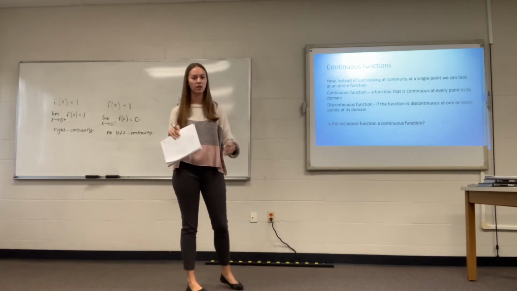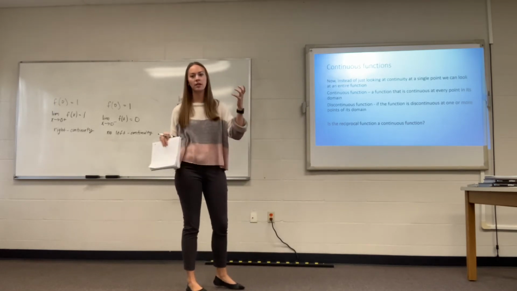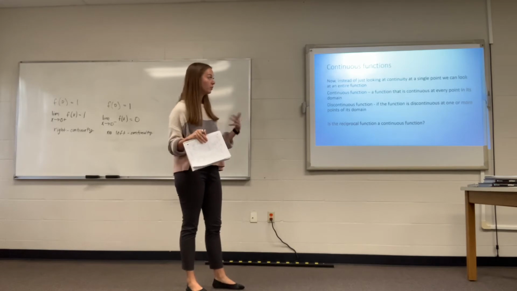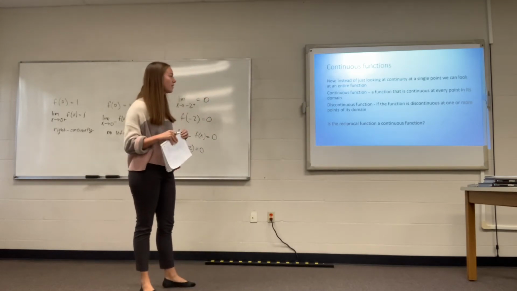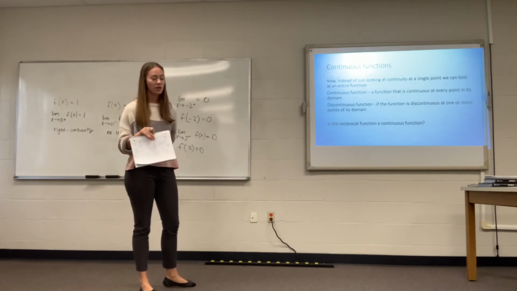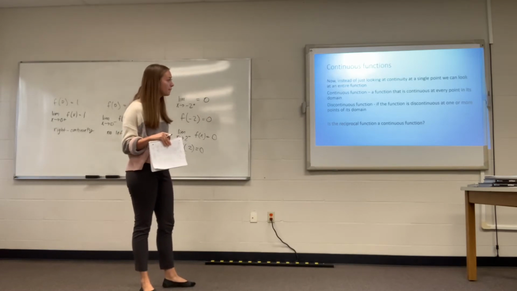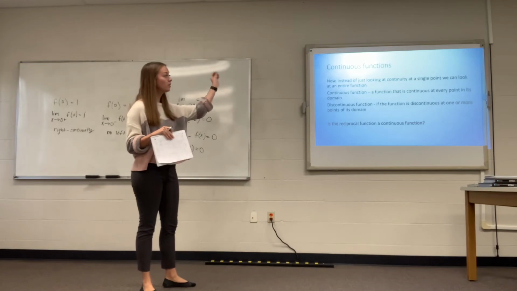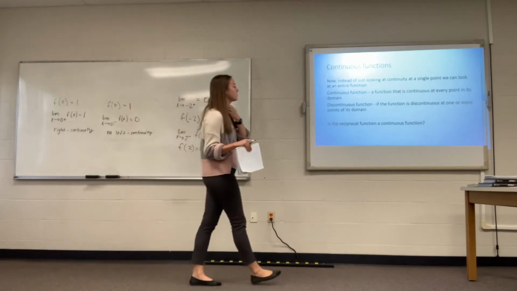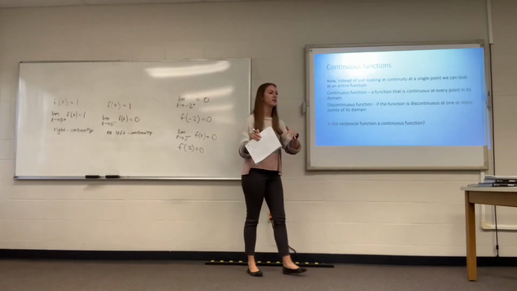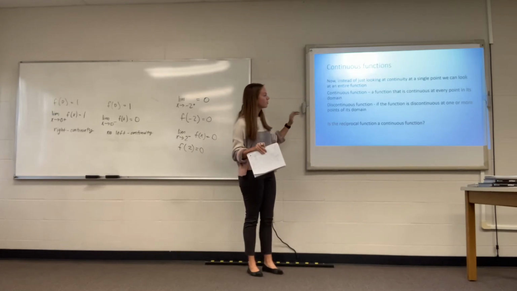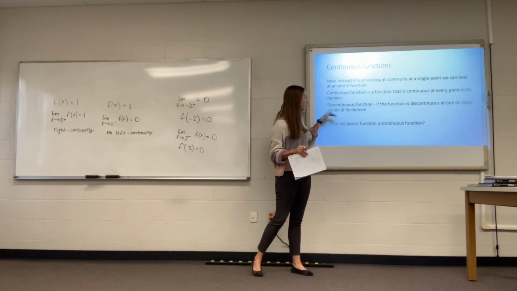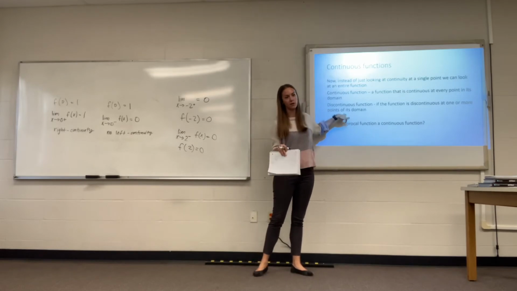So if there's a break in the graph, a jump in the graph, oscillating, the removable discontinuity, if an asymptote appears, any of that, you're obviously going to have a discontinuous function, okay? But the only thing I want to point out is that a discontinuous function, like I said, is discontinuous on one or more points of its domain, okay?